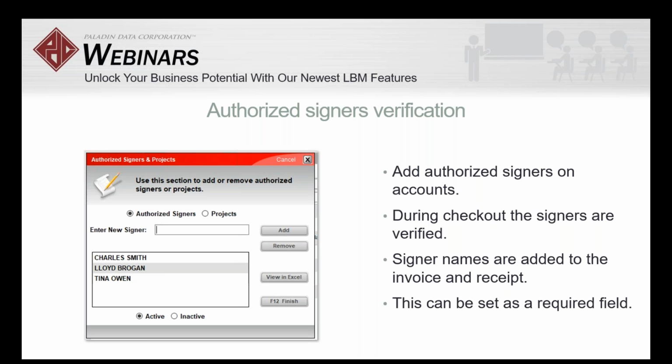So you can add these different customers or different buyers, authorized buyers, to sign on the account. And if their name's there, great, and it will show up on the invoice with their signature and everything's good. But if their name's not there, you probably want to give a ring to that contractor, make sure that these folks are authorized.